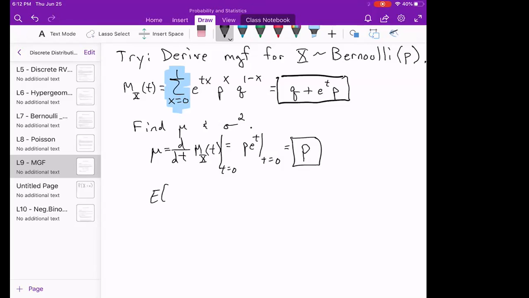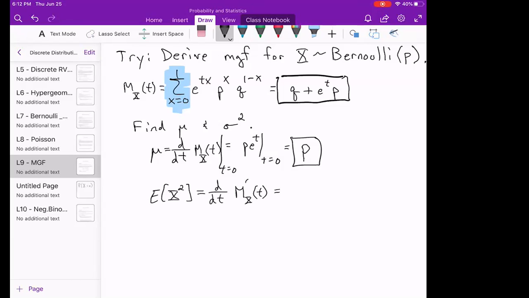The variance requires, again, the second moment. And so that's going to be the derivative of the first moment. And we got just above that the first moment is P e to the t.